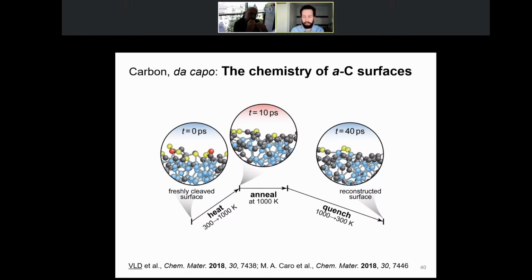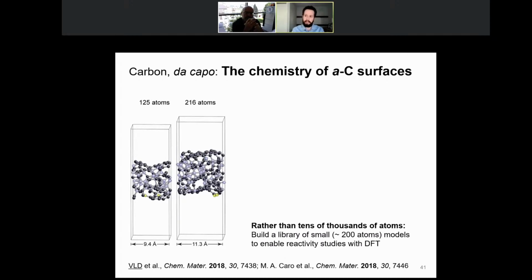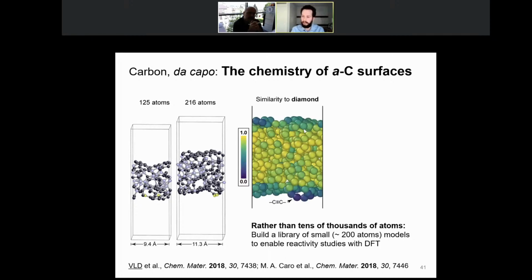I've shown you before this massive simulation cell with 10,000 atoms, and that's one direction in which you could go. But you could also say, can we build smaller structure models that we can then use for example, for DFT calculations, for looking at reactivity and for looking at other properties at these surfaces. And we can use, again, this is the SOAP similarity, in this case, how similar the structures are to diamond and to graphene.